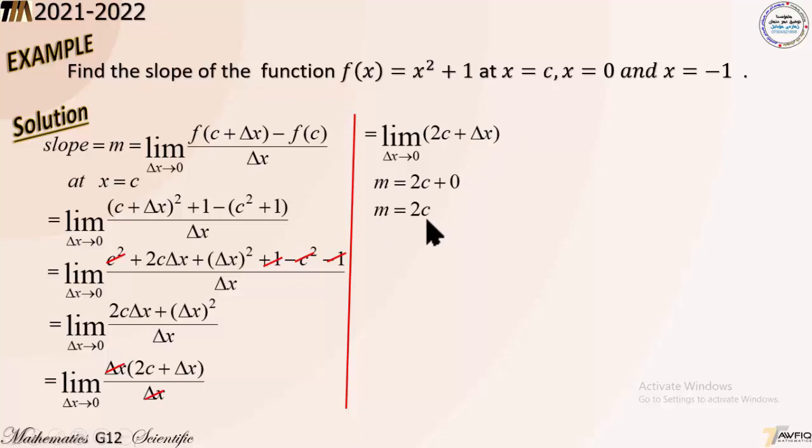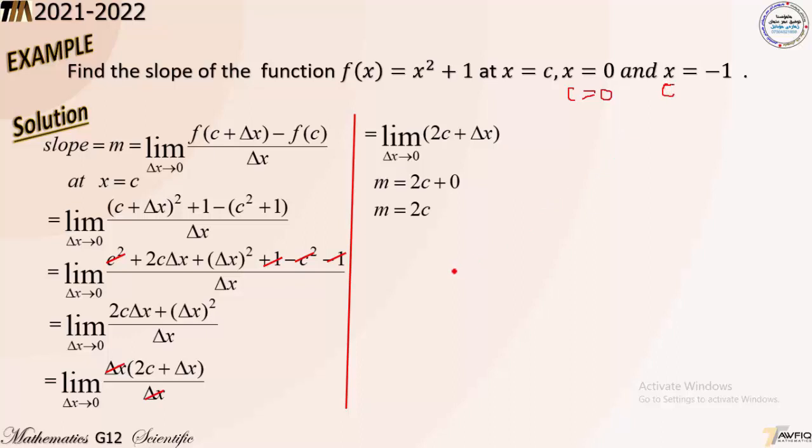And now to find the slope of the tangent line at x equal to 0, that means c is equal to 0. And here c is equal to minus 1.